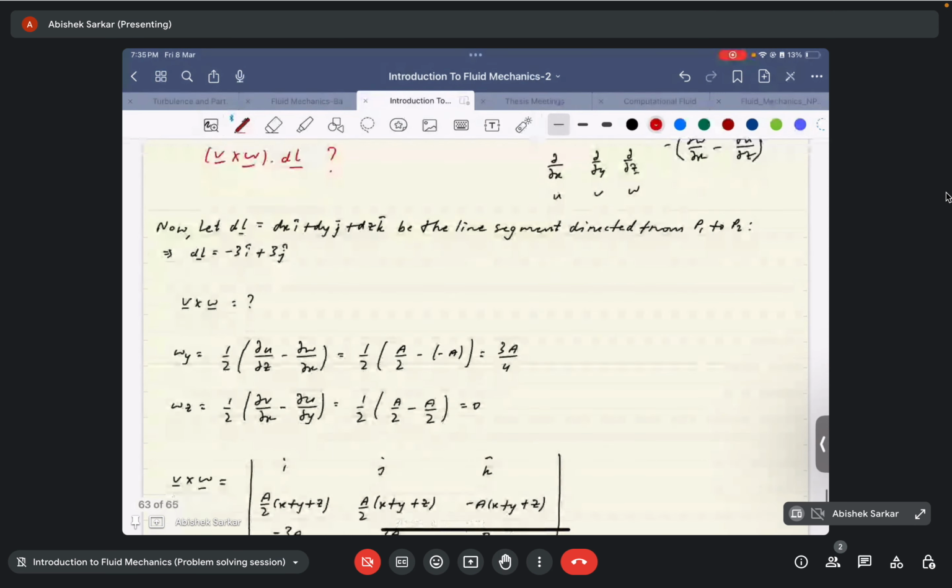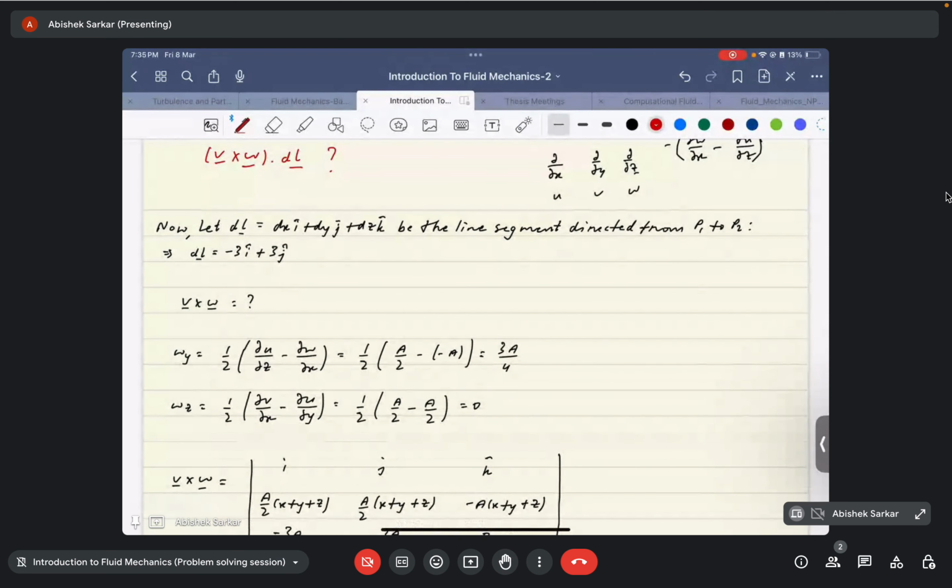So dl would be dx i cap plus dy j cap plus dz k cap, and for a line segment directed from p1 to p2, dl will be given by 3 i cap plus 3 j cap, because the z coordinate is 0 in both the cases, so it is essentially plus 0 k cap. That doesn't matter.